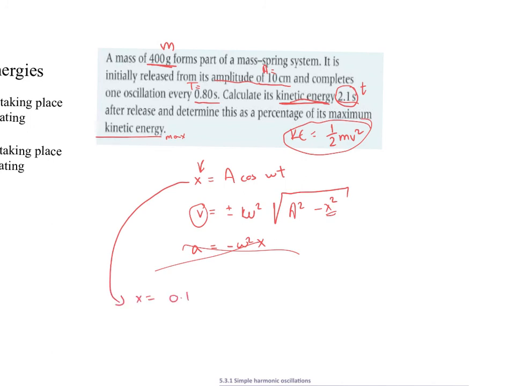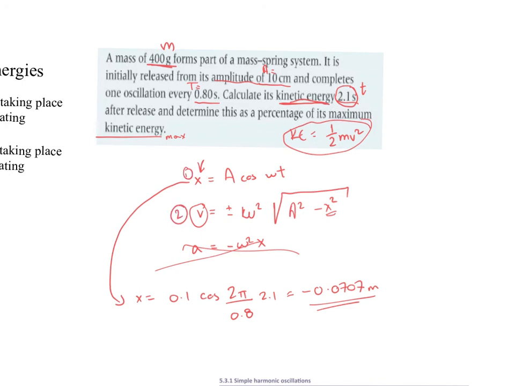So I will start first with the displacement equation. Remember that omega can be written as 2 pi over T, so I'm just using that. And that will give me the displacement, which is minus 0.0707 meters. Then I can place the value now in the second equation.